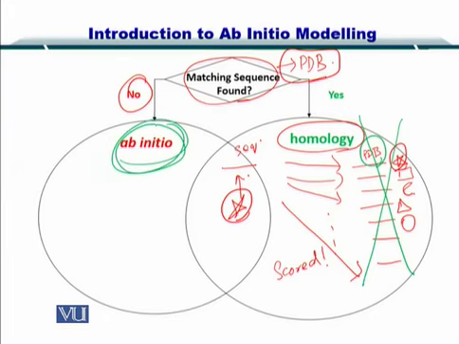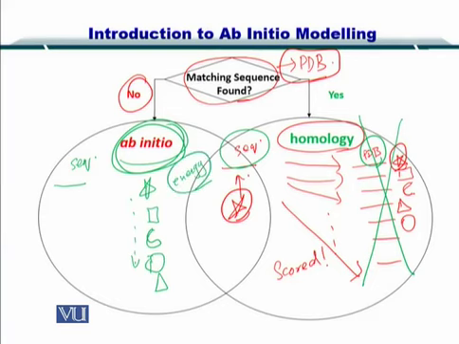In ab initio modeling, you have your same sequence, and you try to fold it into all the possible structures and compute their energy. The one with the minimum energy is selected. The one with higher energy is rejected.